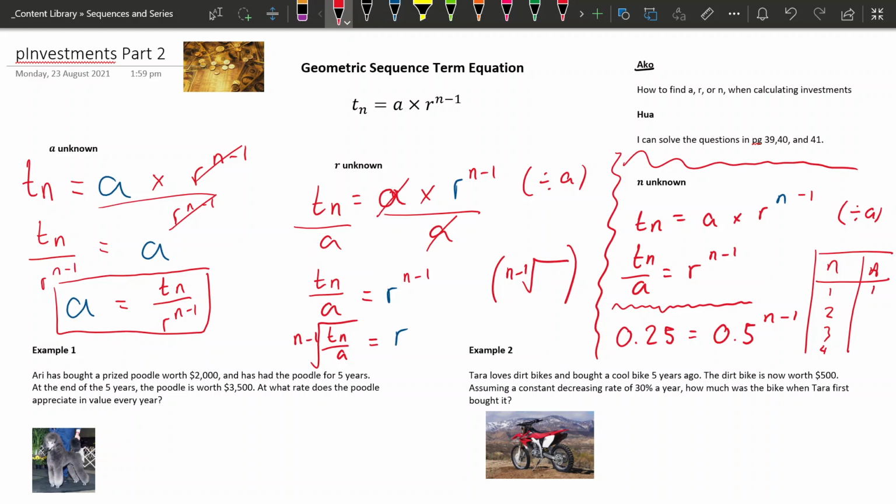If we have n being 2, we're going to have 0.5 to the power of 2 minus 1. So 0.5 to the power of 1, which is 0.5. And so on and so on, you discover that's the answer. But that's really the only strategy. And it's in the book. It's question 4 in the book, if I remember.